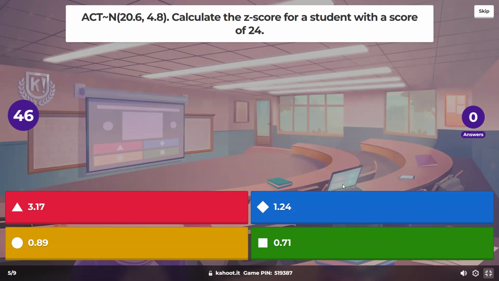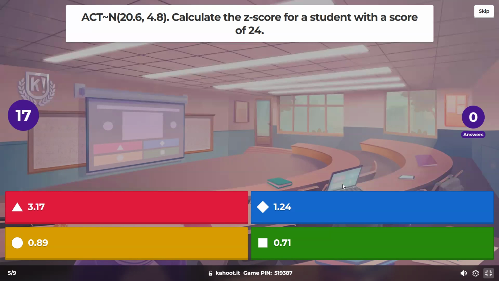We can do part A with this one. Good question. Excellent question. Are we dealing with a distribution of sample means, or are we just dealing with one kid? So is this the top row, the middle row, or the bottom row?